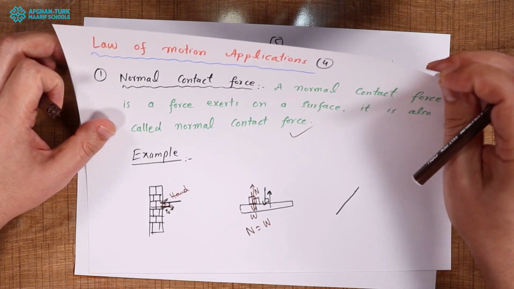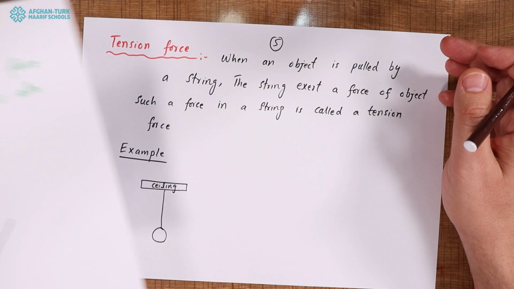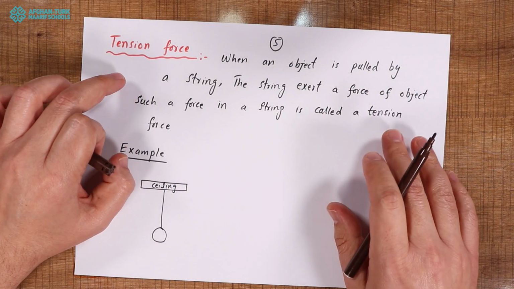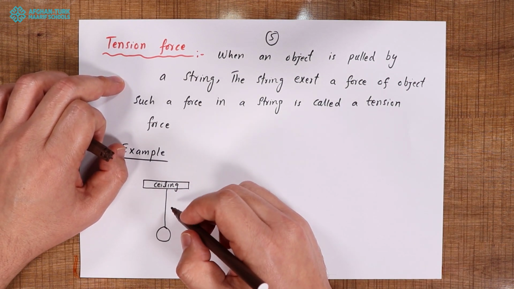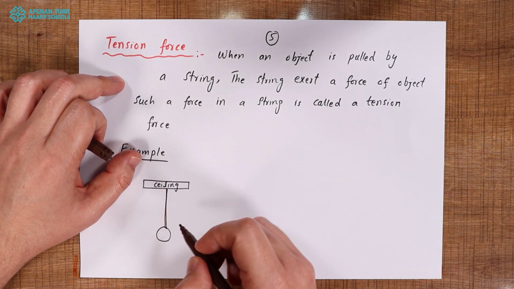The last application of the laws of motion is the tension force. Now what is tension force? One thing to remember: tension force is found in a rope. Let's suppose this is the rope.